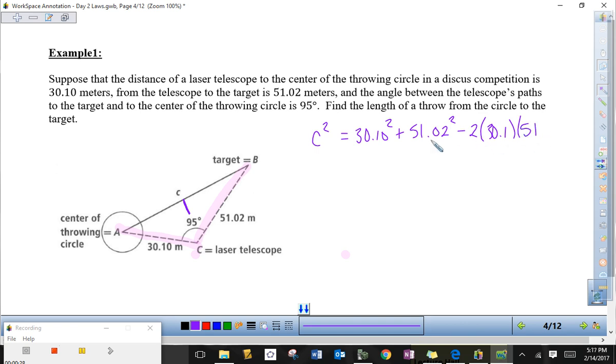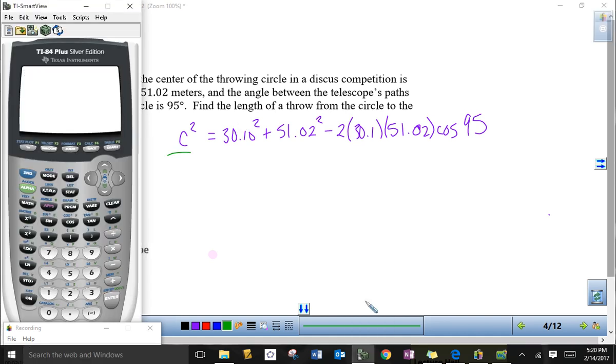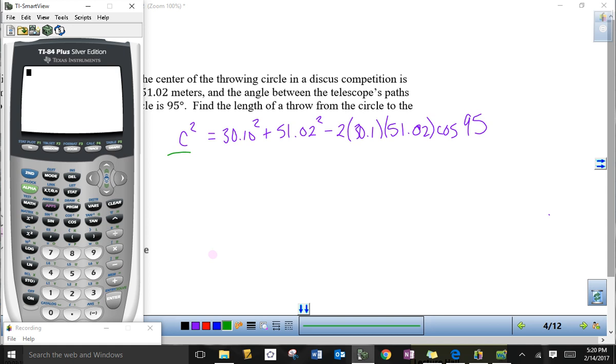I usually go in the same order that I listed them, but it wouldn't really matter. Times the cosine of our angle, which was 95 degrees. Well, if I'm trying to solve for c over here, you'll notice all this other junk is on the other side. That makes our life easy because we can just type the whole right-hand side into our calculator.